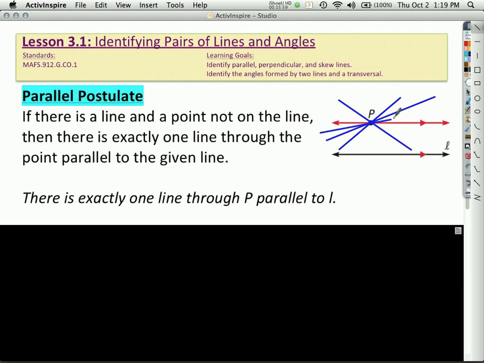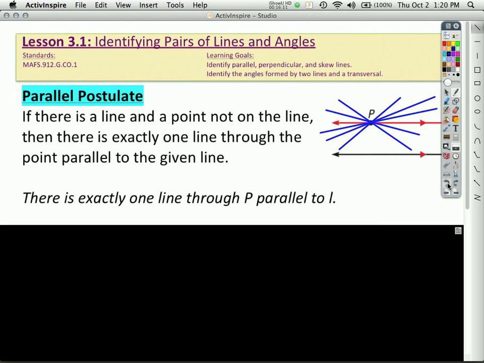I could draw this one. There are infinite lines I could draw through point P, but there is only one line through point P that will be parallel to line L. So that's the point of the parallel postulate. There's only one line through a point that will be parallel to this other line.